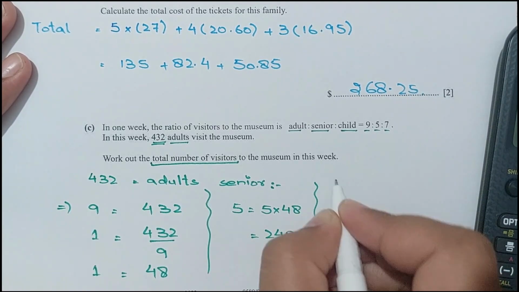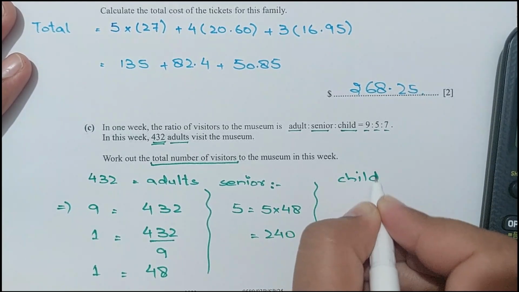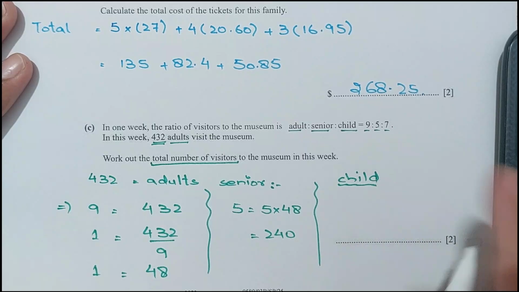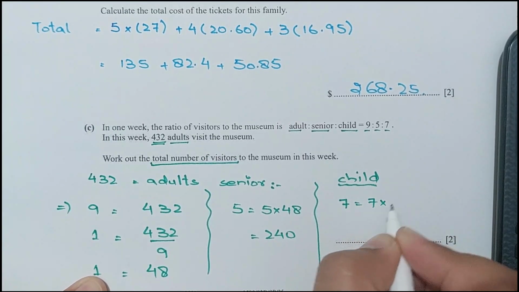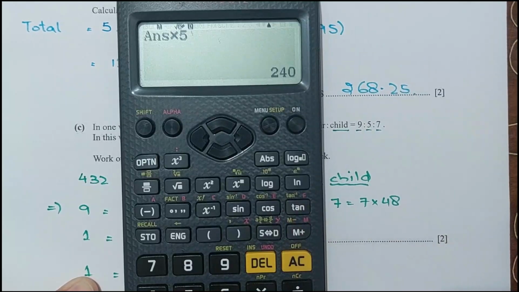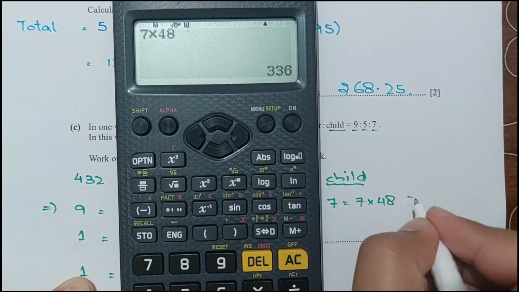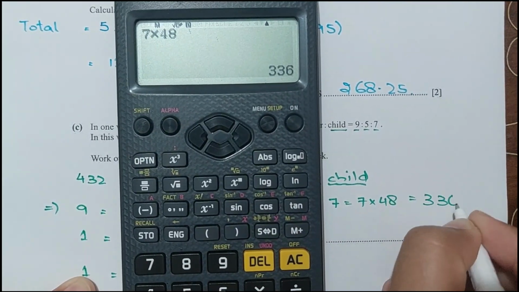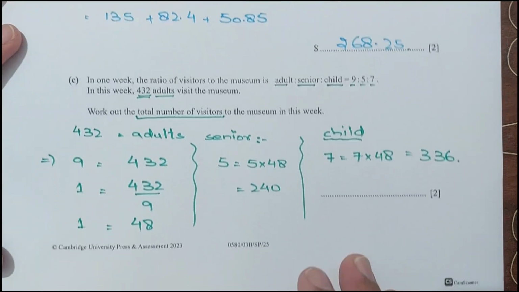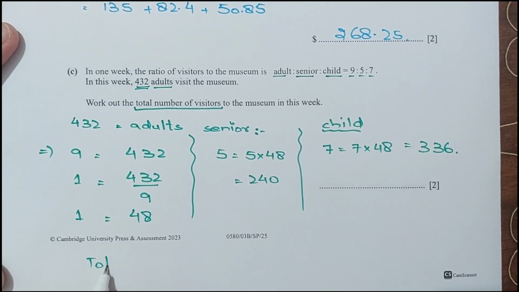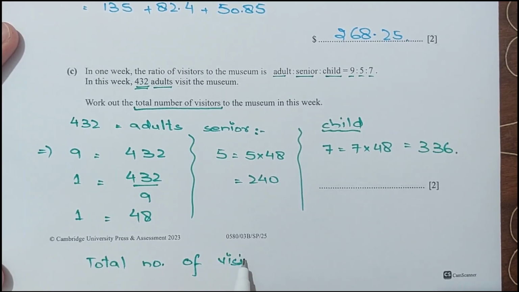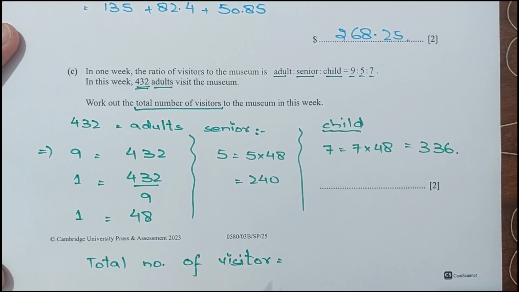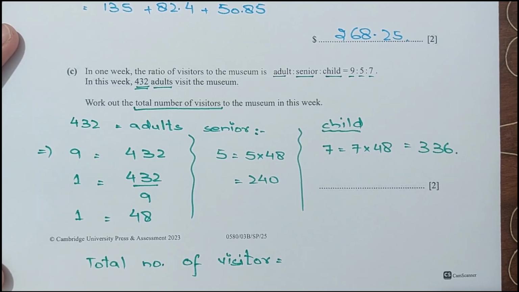Now let me solve for the child. Child is 7. So 7 represents 7 times 48, which is 336. So 336 are the child, right? So the total number of visitors is the sum of child, adult, and senior.